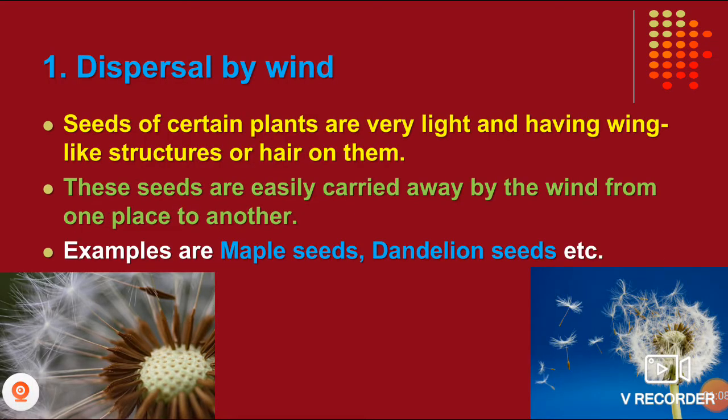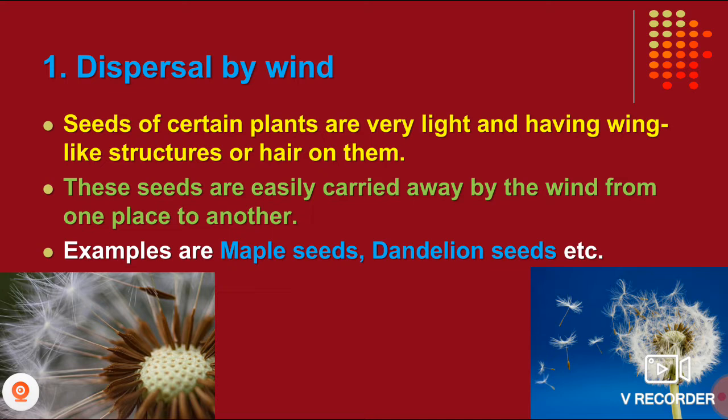The first way of dispersal is dispersal by wind. You know that air, that is wind, is very helpful in dispersal. So how does it help? Certain seeds are very light in weight, and when they get high velocity wind, they tend to fly in the air.